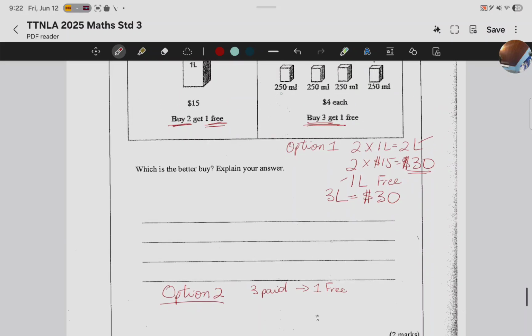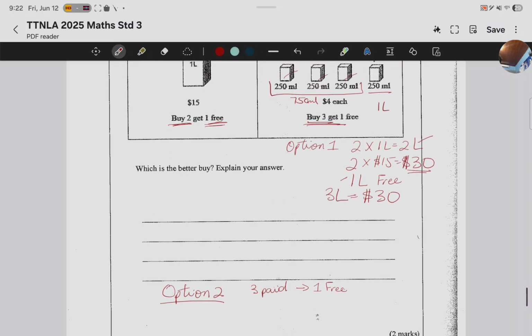And this here is 250 mLs. So this is 250, 250, 250. So I'm paying for 750 mLs, and I'm getting 250 milliliters free. So in total, I'm getting 1 liter.